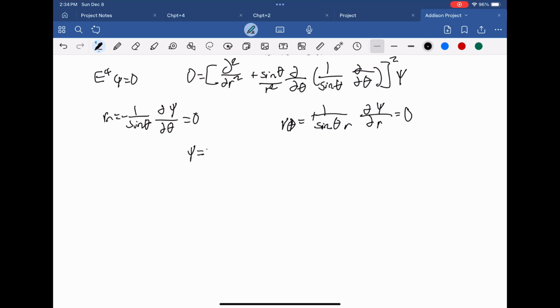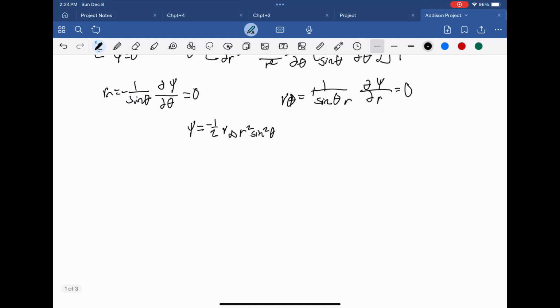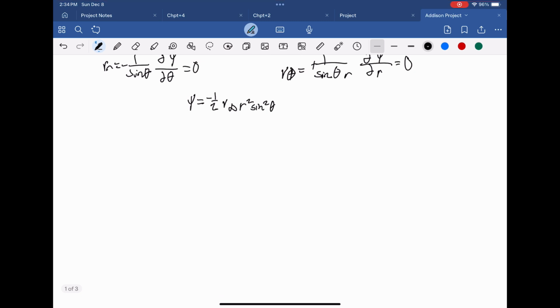Okay, so psi for the third equation is going to be equal to negative 1/2 v infinity r squared sine squared. The first two parameters for this are just the boundary conditions to describe a no-slip condition. And the third, the psi, is describing the condition at the surface of the sphere.